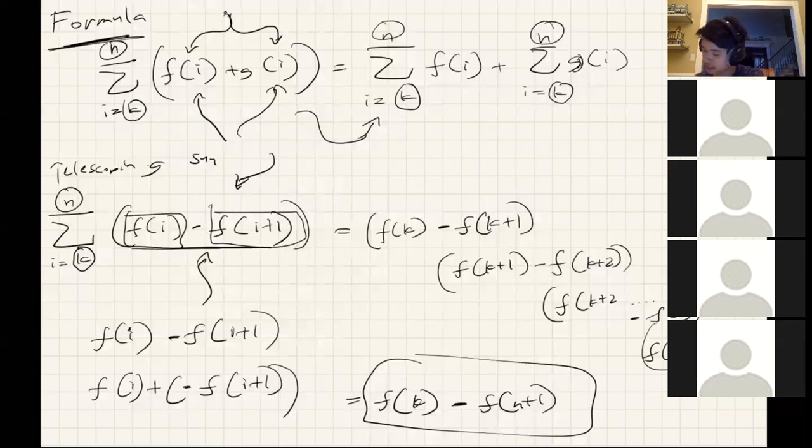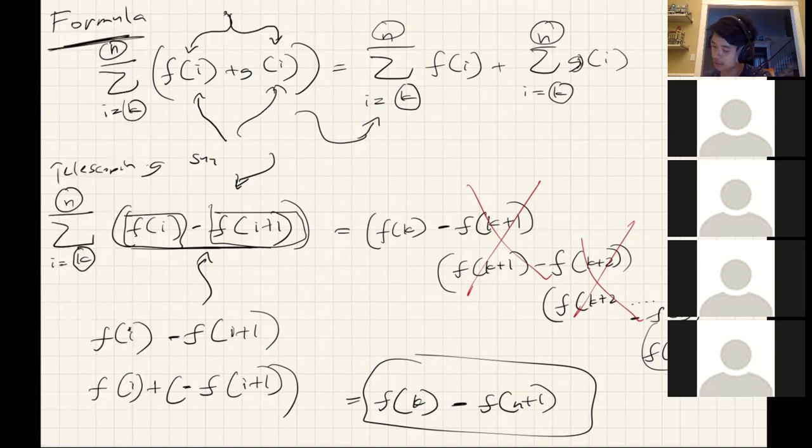And you can see here, f of k minus f of k plus 1, plus f of k plus 1 minus f of k plus 2, blah, blah, blah, all the way to f of n minus f of n plus 1. A lot of these terms are going to cancel out, because there's one negative copy from one summand and one positive copy from the next summand.